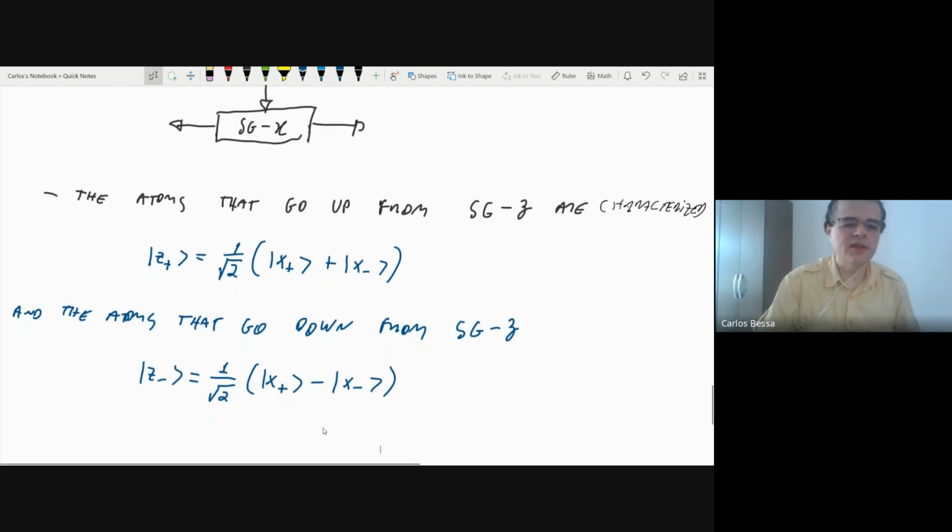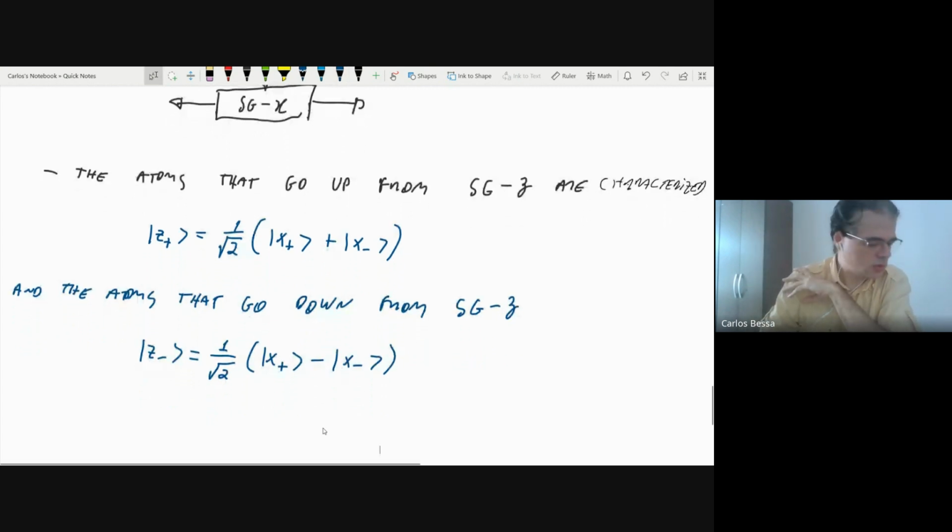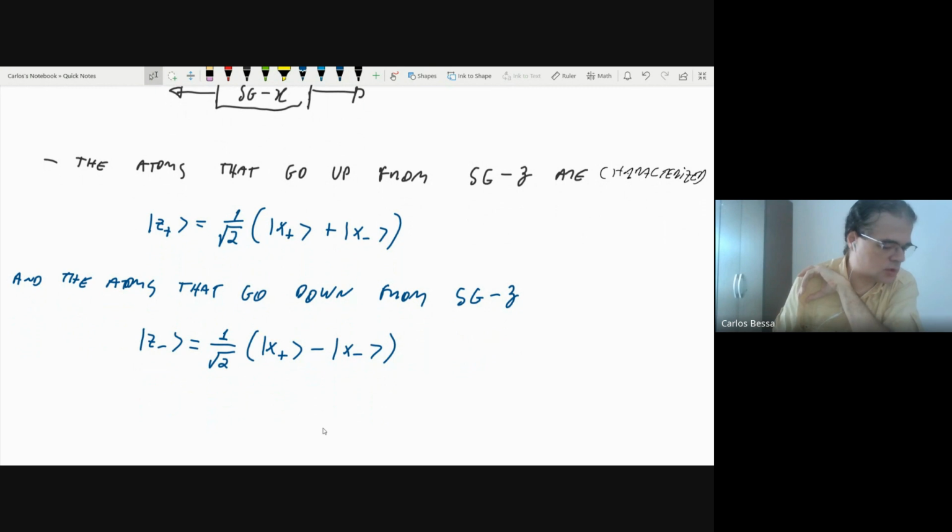Because remember that these possibilities, X, Z plus or Z minus, for one atom, are mutually excluded, right?